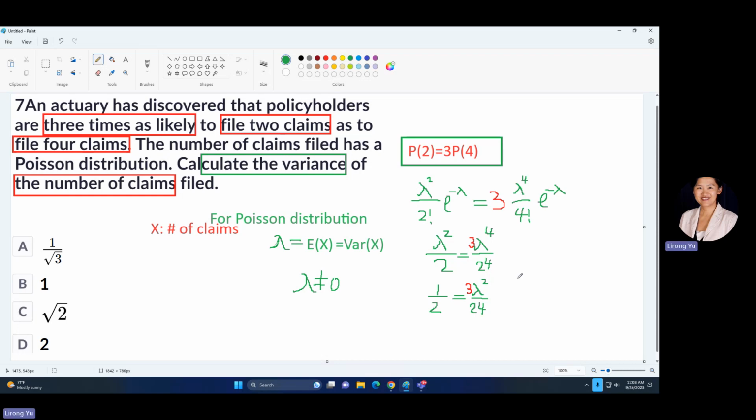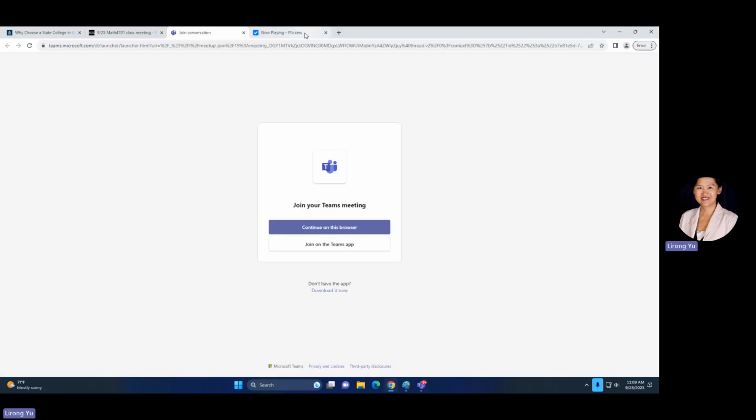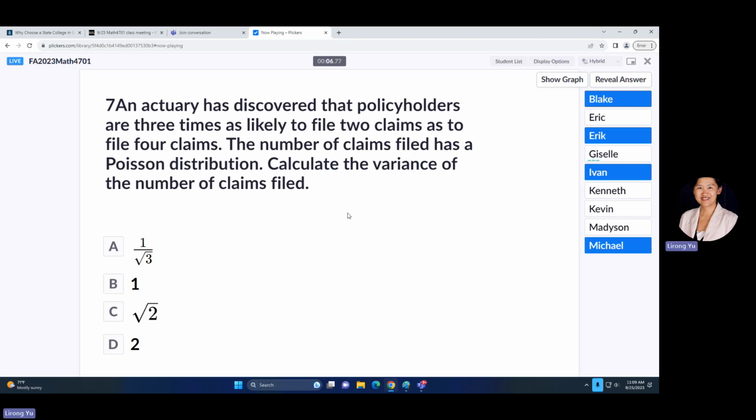Solve the rest. So far, all the answers submitted were correct.